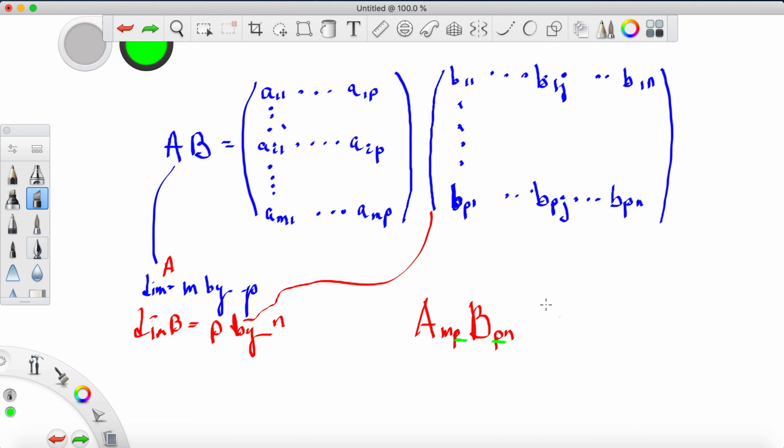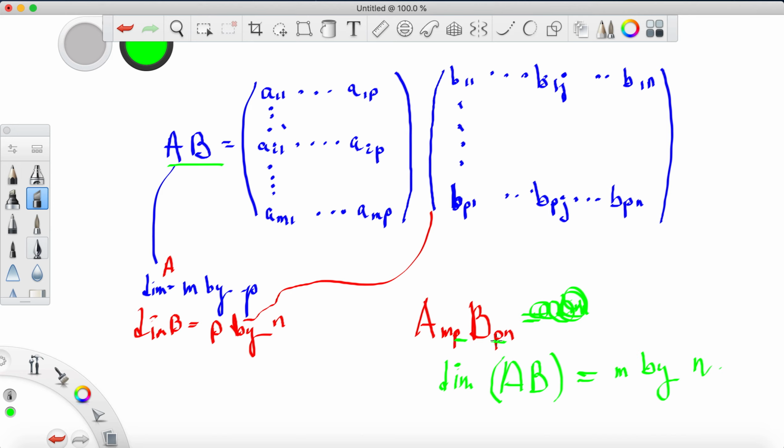Whenever we multiply a pair of matrices, the dimension of AB, the new matrix that comes out that we're going to get from this product, the whole thing, AB, after we do all the calculation, its dimension is going to be M by N. And again, it's only defined if those inner dimensions match.